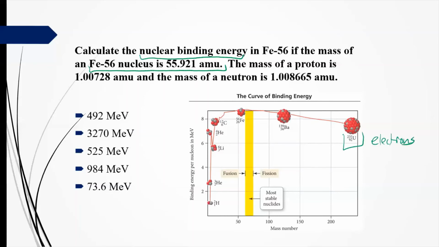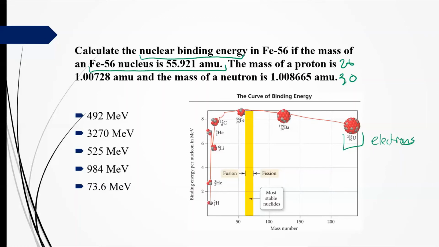But if they're giving us just our nucleus, then we're okay, because we're looking for the nuclear binding energy. So we're only concerned with the mass defect of the nucleus, which means we only care about it without the electrons. We have to remove those one way or the other. So right now we have our protons, and we should have 26 protons. We have 30 neutrons. And when we go through that, we should be able to find our mass difference.